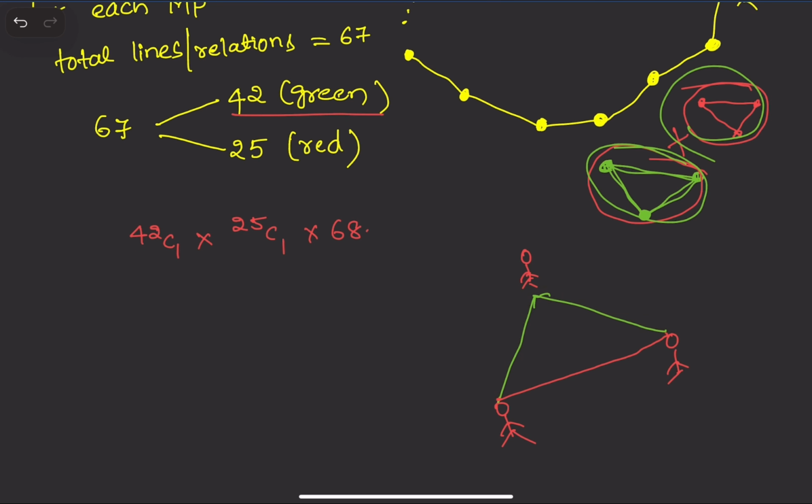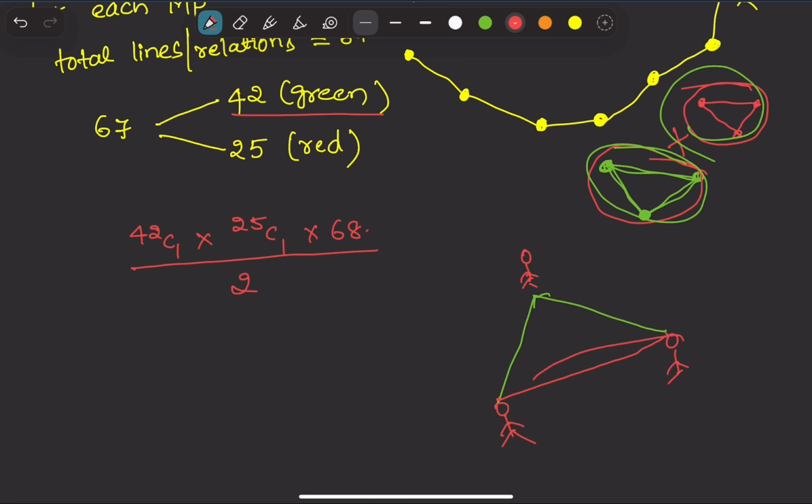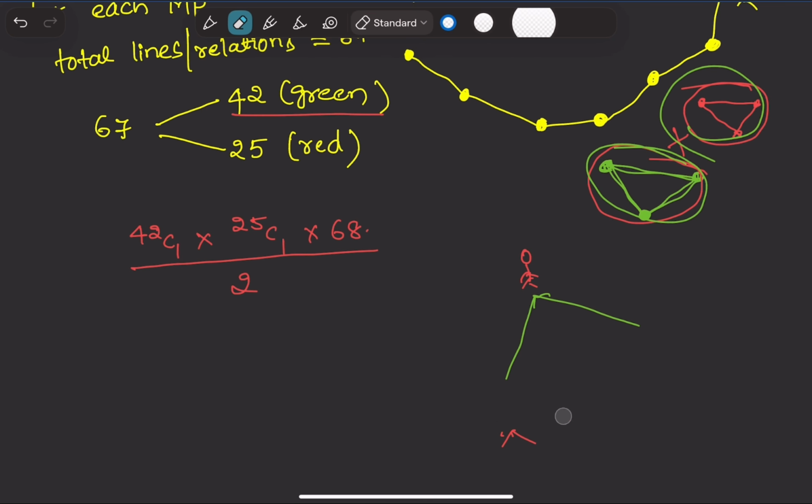But you cannot go to this MP and choose these two green lines, because that's not what we want to do. So this particular triangle is counted twice in this calculation. Once when you consider one green line from here and one red line from here, and once when you consider one red line from here and one green line from here. So this quantity has to be divided by 2, because each triangle there is counted twice. All right, moving ahead.